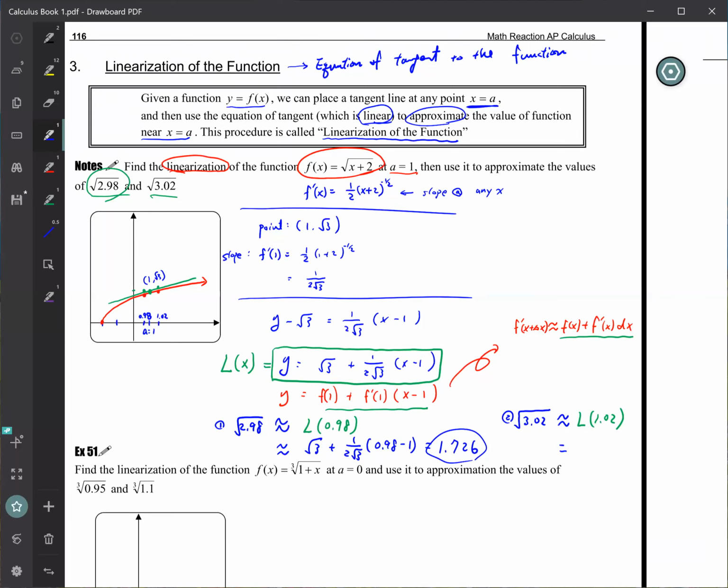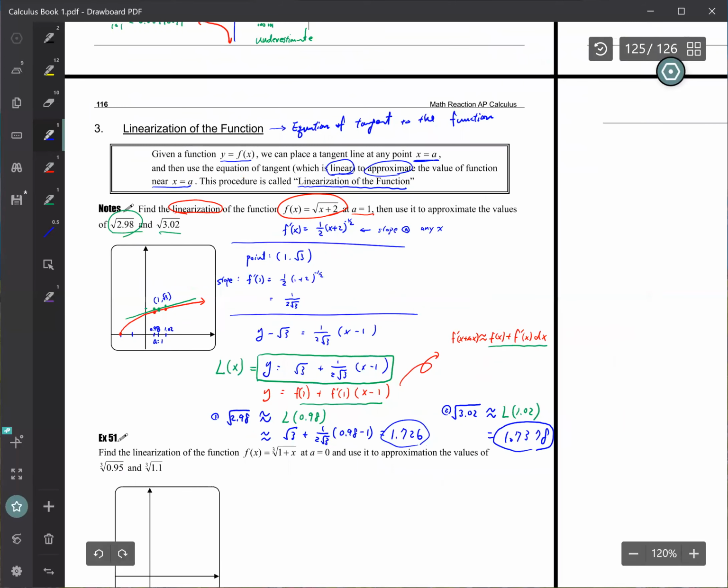Yeah, I have 1.7378. Okay. Joan, how about you? I got the same thing. Okay, so that should be it. So that's how you do linearization.